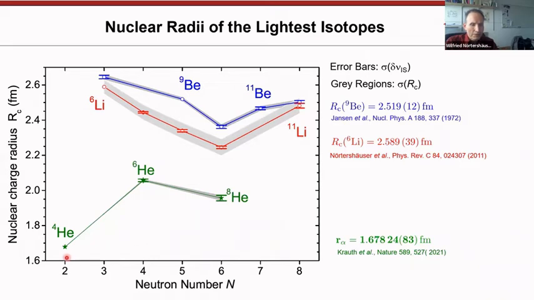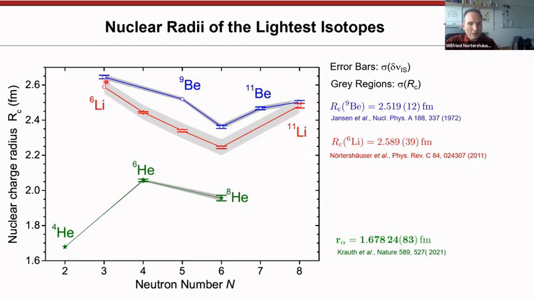You see that in helium there's practically no remaining uncertainty from the reference radius, which is helium-4. That is due to the very nice measurement on muonic helium, recently published by the Bremer collaboration. Therefore, helium-6 and helium-8 charge radii are just limited by the isotope shift measurements.